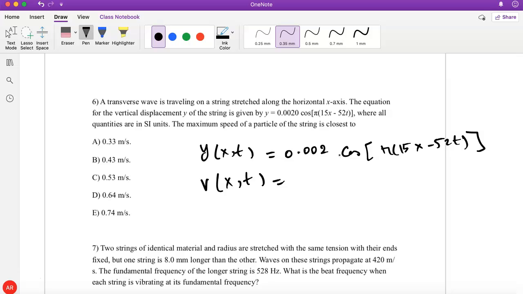The derivative of cosine is minus sine, and then the argument of the cosine, if I take the derivative with respect to time, I get a factor of minus 52 times pi. So the minus 52 and the minus sine cancel each other. So it's going to be 52 pi times 0.002 times sine of the same thing.